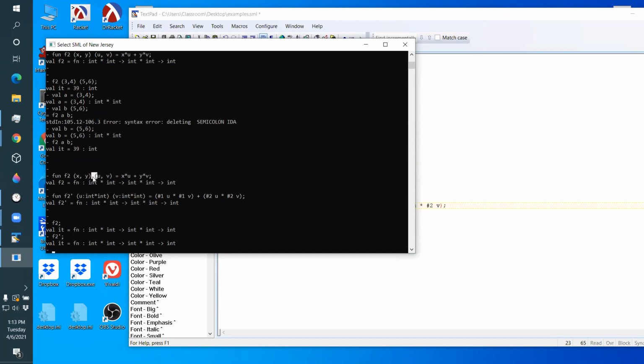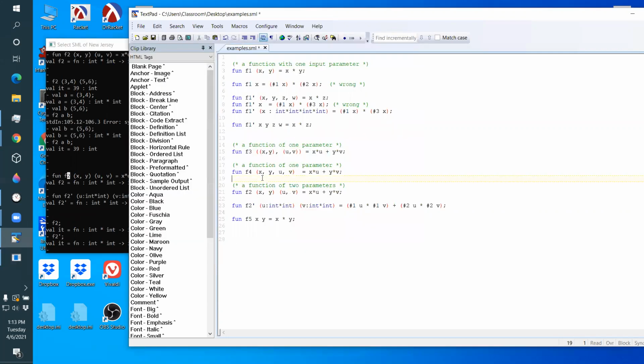The space here with no comma is the thing that tells you that's a curried function. See, it's F2, see the way it's written: the name of the function, space, first parameter, space, second parameter. The parameters are separated by spaces, okay?